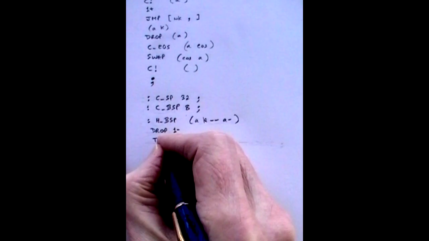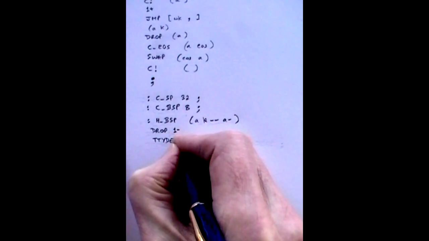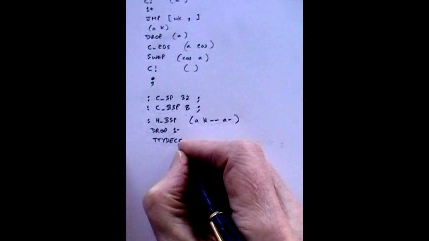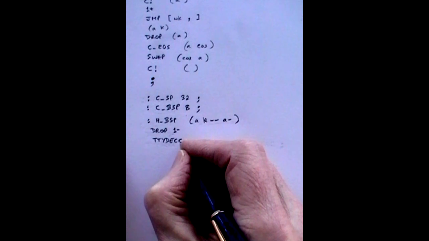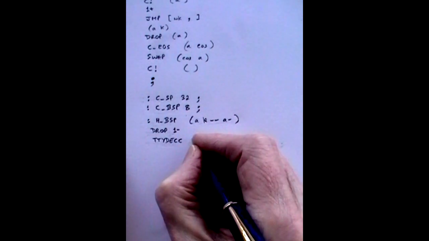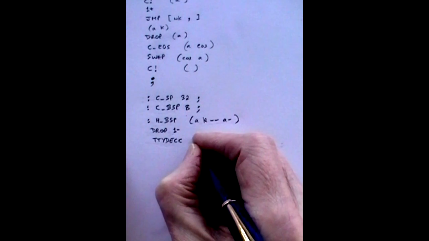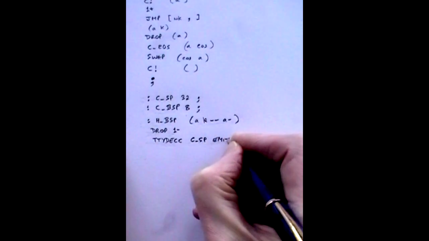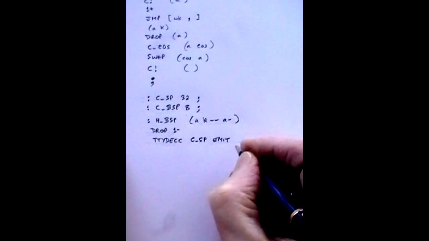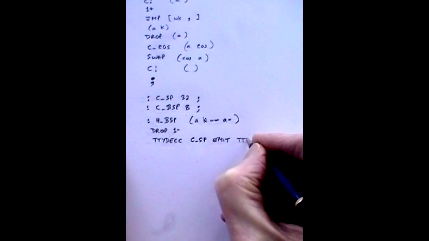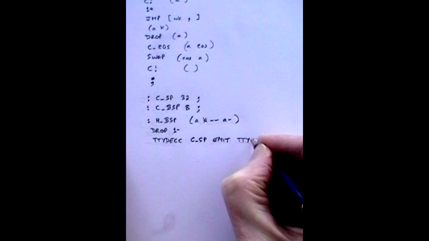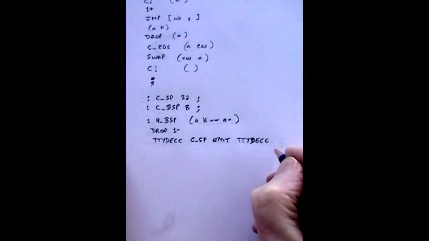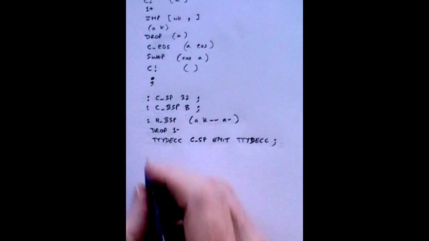And then to delete it from the screen, one of the new words, TTY decrement column, which moves the cursor back to the character we want to get rid of. I'll then output a space over the top of it, and finally another TTY decrement column. We finished.